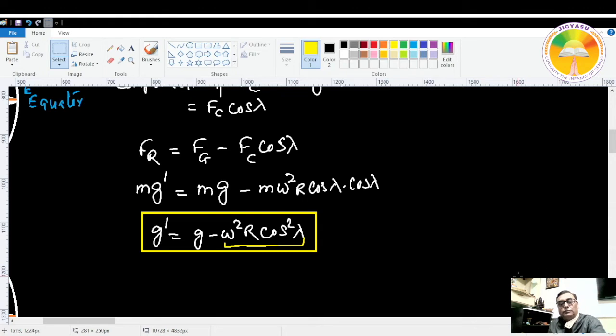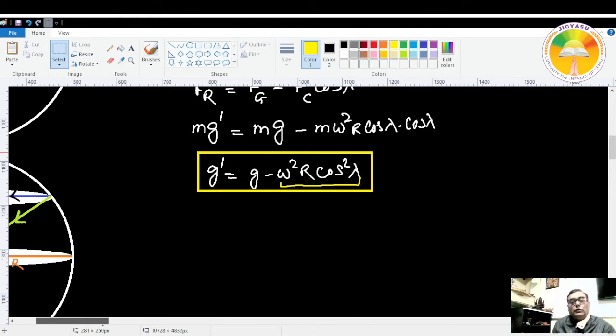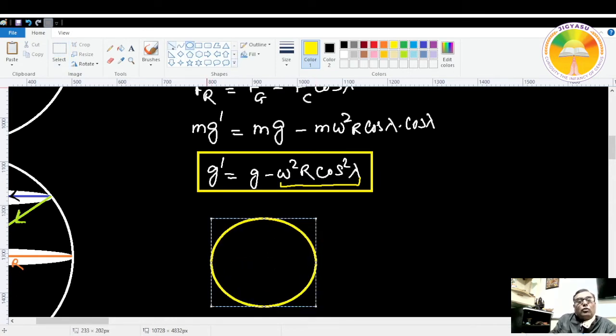So now let us discuss where this effect is maximum and where this effect is minimum. If you look at this, this is our equator, this is the angular position at latitude lambda, and this is the pole, right?